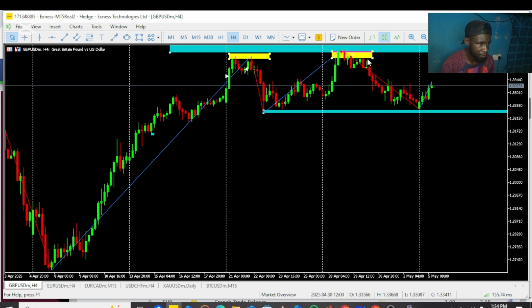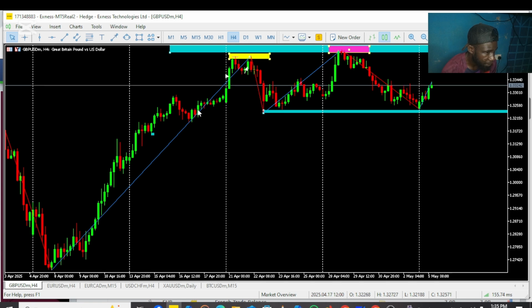The same thing over here, and this one. They are all in the same zone, the same area.